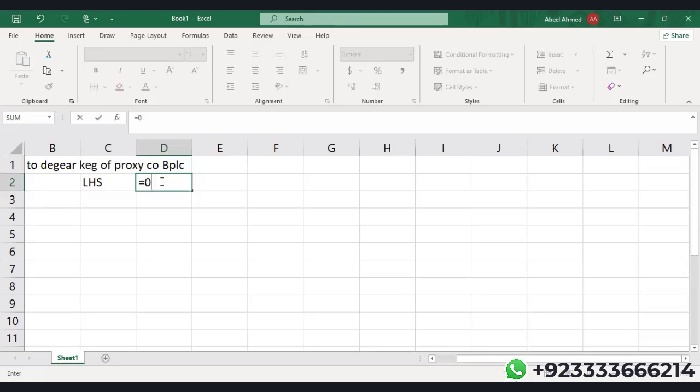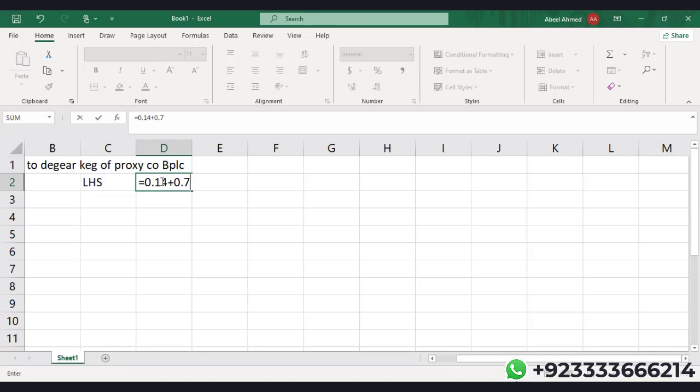So I'm taking 0.14 plus 1 minus tax rate. I'll show you all the variations. Tax rate is 30%. 1 minus tax rate, can I say it will give me 0.7? Yes or no? Please reply.